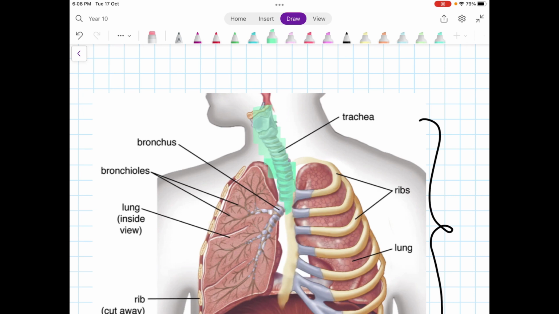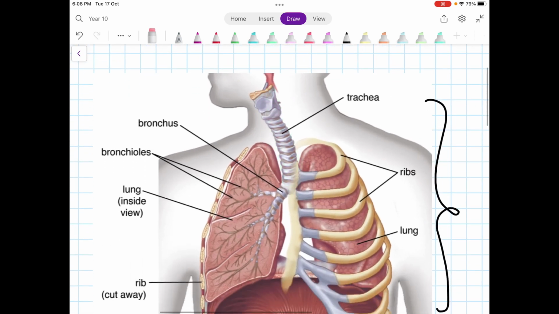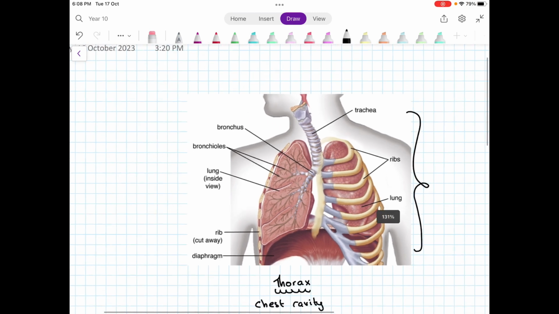So if we go back to the diagram, this part over here is the trachea, and I believe these are the rings of cartilage.